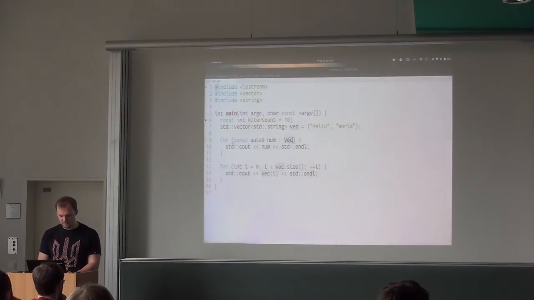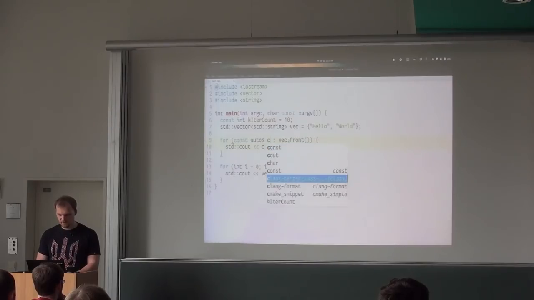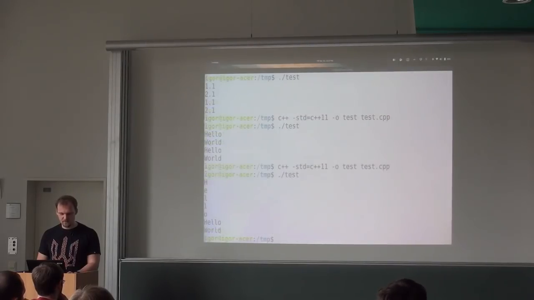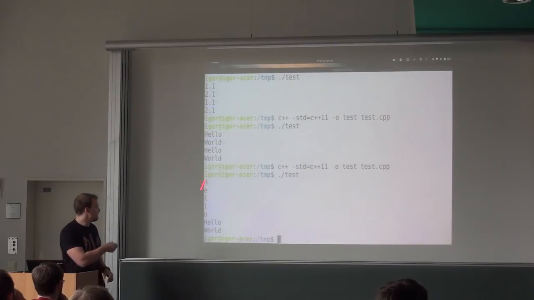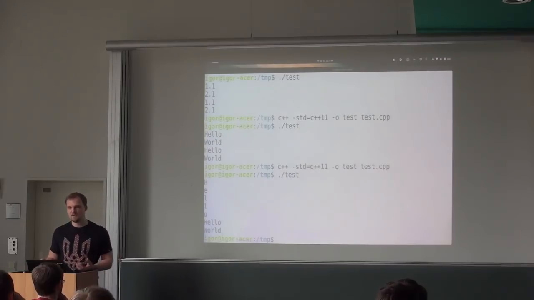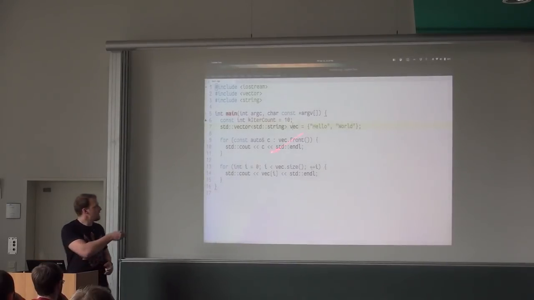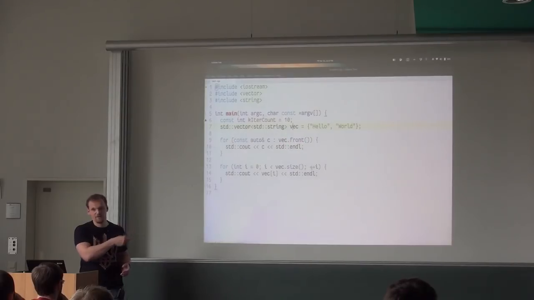So if we do here vec front, and now it's going to be whatever, some character. It actually prints the hello letter by letter, because it's still a container. We can still iterate over the same container in exactly the same way. So now here, this is just one string, the hello string.